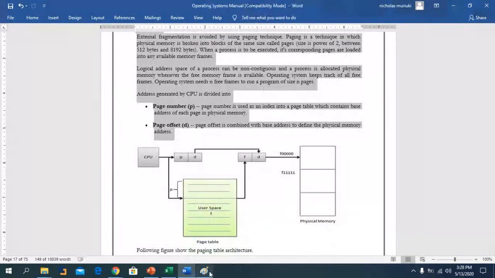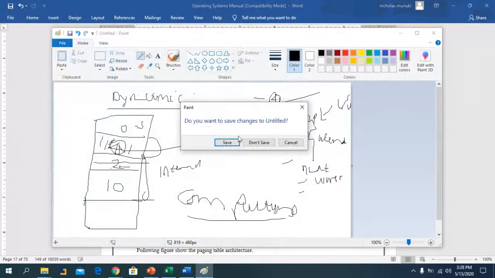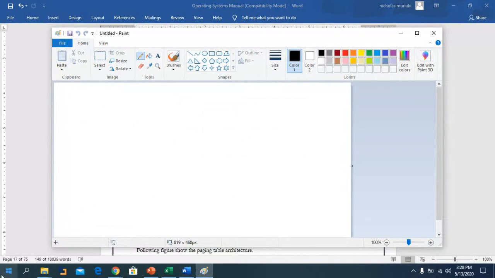And I want to explain paging, maybe using this page. Well, we can say the first thing that we require is what you call the logical address and the physical address. This logical address, we have said we are now referring to it as the CPU.